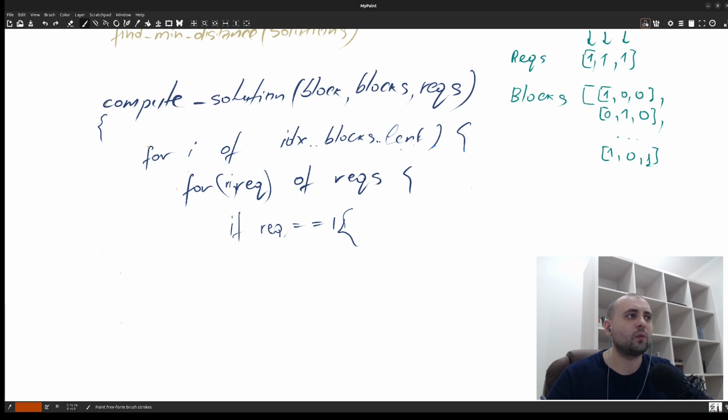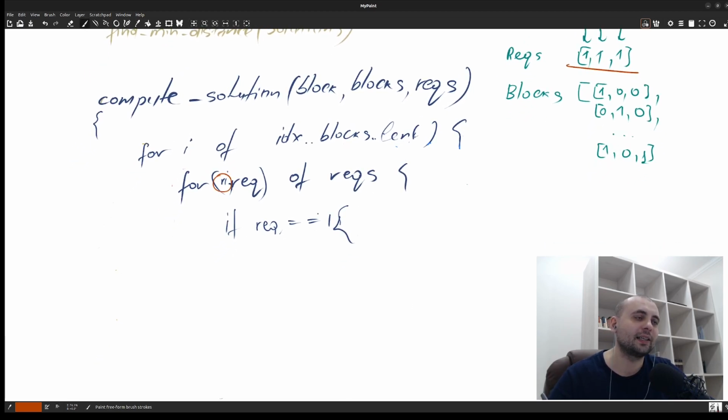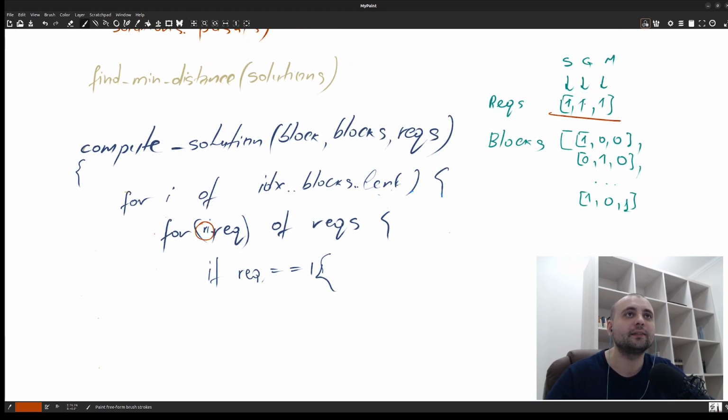Then we iterate through our requirements. We have the requirement index, which we'll extensively use in our case, so keep in mind this one. We check if our requirement is equal to 1. In our specific scenario, everything is 1, so it's a bit redundant, but we may receive data where it's not necessarily 1.